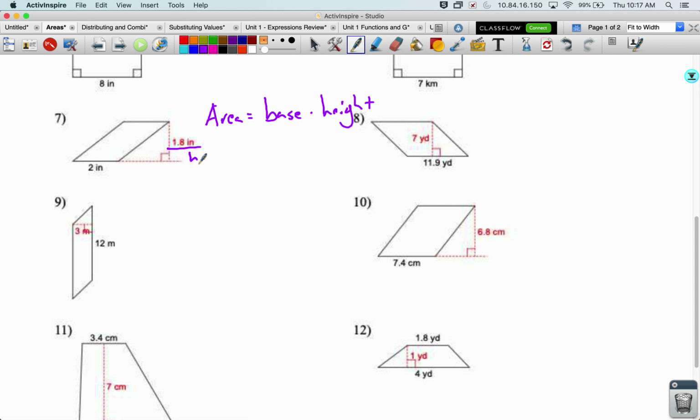So this is our height here. This is our base here. And so very similar, we just multiply the 2 times 1.8. 2 times 1.8 gets me 3.6. And then I give it the unit inches because I see inches, but it's an area, so inches squared.